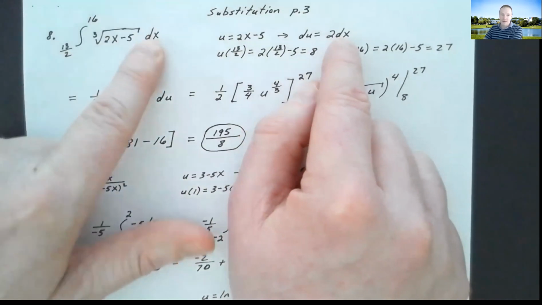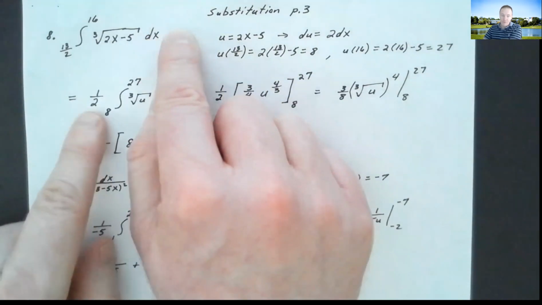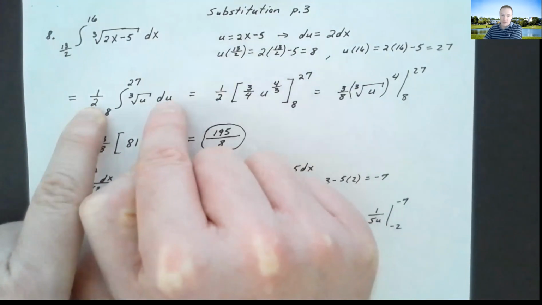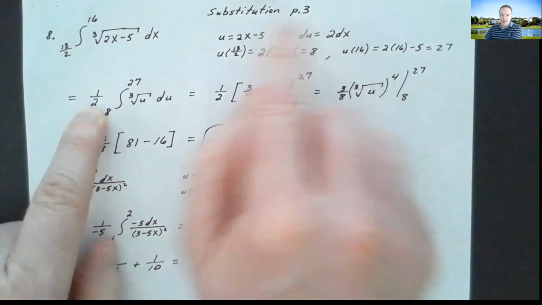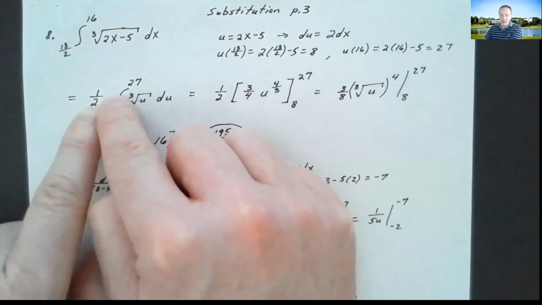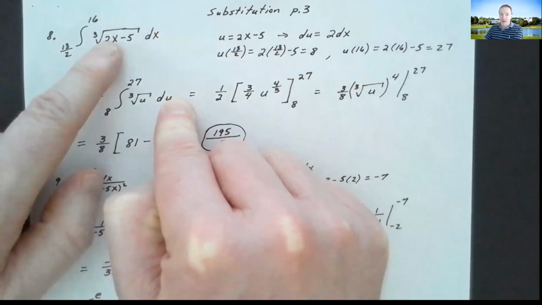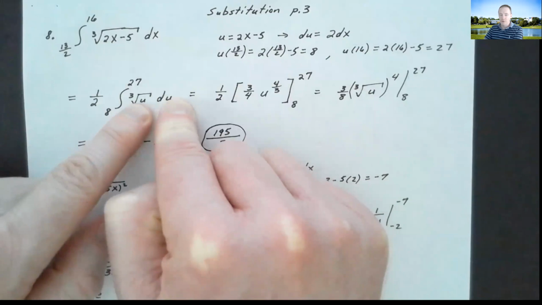I know I can put a 2 dx on the inside if I remember to divide by 2 on the outside, and then that's going to enable that 2 dx to become du in my next step. So I've taken care of that by multiplying by 1/2 on the outside and calling dx du. Then my cube root of 2x minus 5 can be rewritten as the cube root of u.